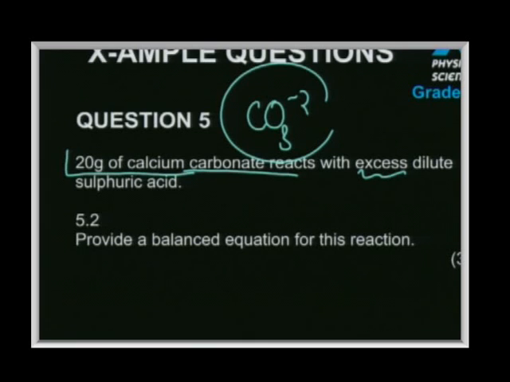So over here, they tell us that we've got calcium carbonate and it reacts with sulfuric acid. Remember, grade 11s, you must know your acid formulas. Your basic acids that we work with, sulfuric acid, hydrochloric acid, nitric acid, those are formulas that you must know, and you should be able to use them in equations over here.